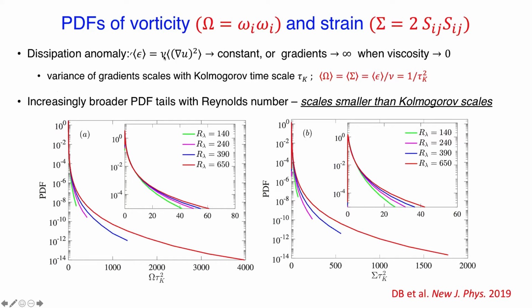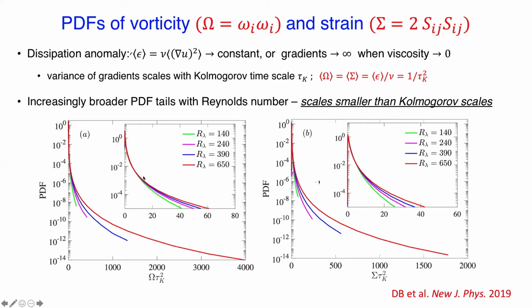So essentially, from dissipation anomaly, the variance of the gradients scales with the Kolmogorov time scale. Then I take the quantities, the enstrophy, which is defined as the square of vorticity, and sigma, which is nothing but the dissipation divided by viscosity, normalize them with the Kolmogorov time scale, and plot their PDFs as a function of the Taylor scale Reynolds number, which defines the intensity of turbulence, and that is shown here.